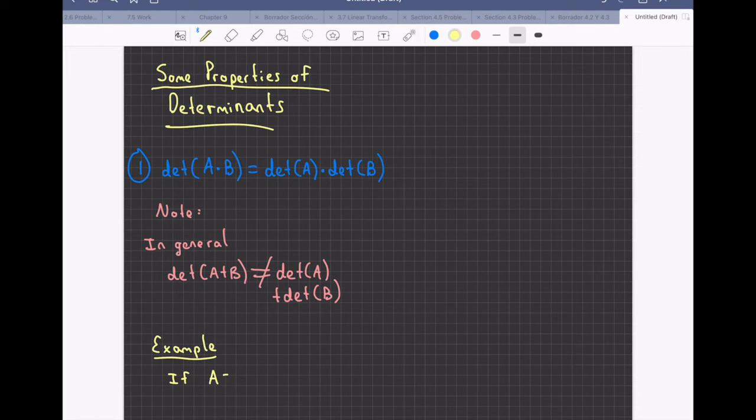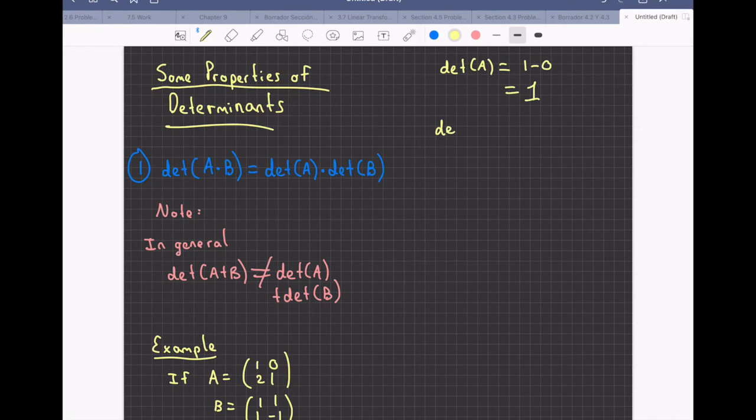If A is equal to 1, 0, 2, 1, and B is equal to 1, negative 1, 1 and 1, then notice the determinant of A is 1 times 1 is 1 minus 0, that is only 1.